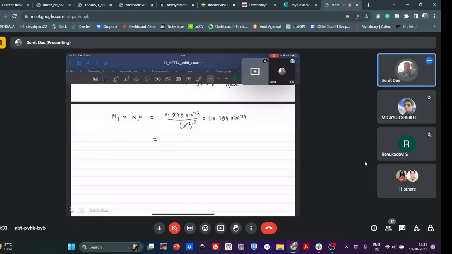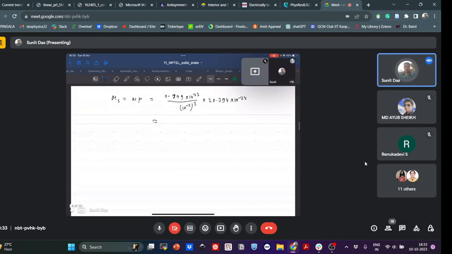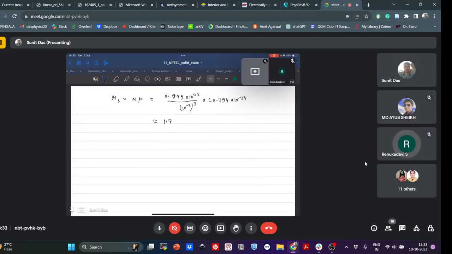If we work it out, the answer is 1.73 into 10 to the power 6, in SI units. So this is the saturation magnetization.